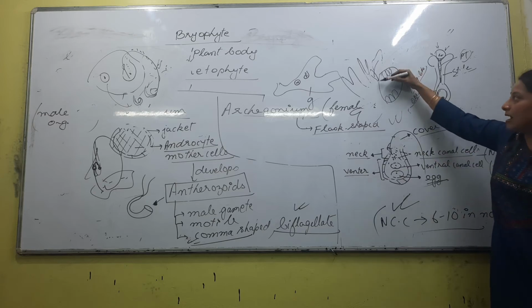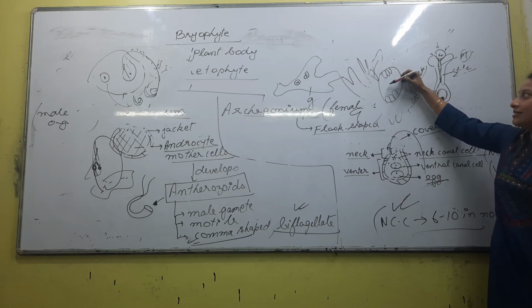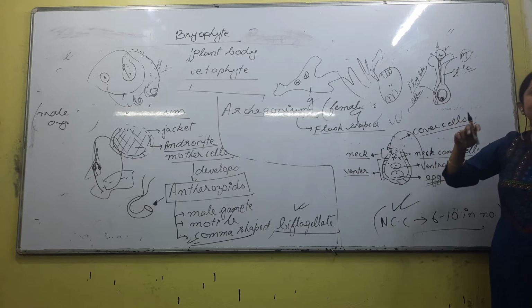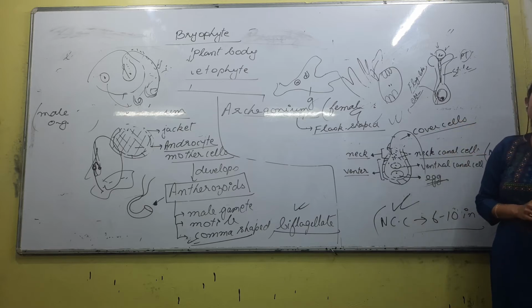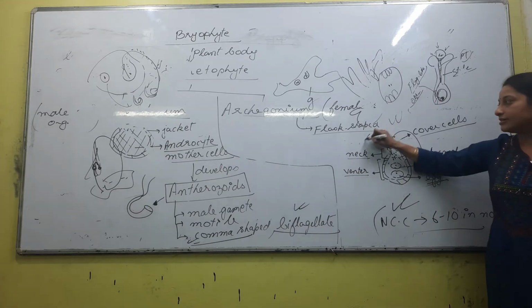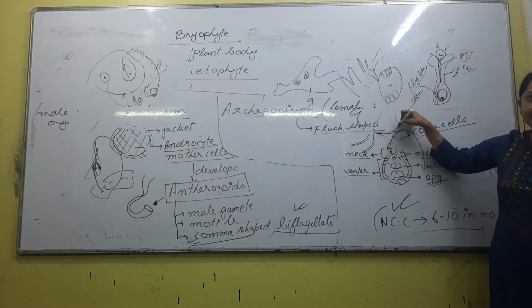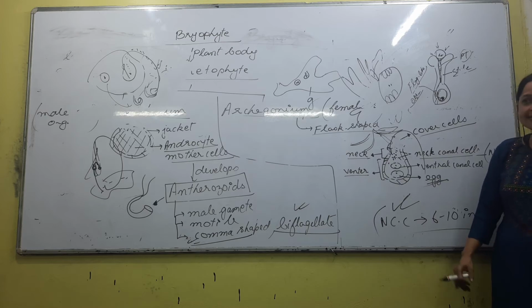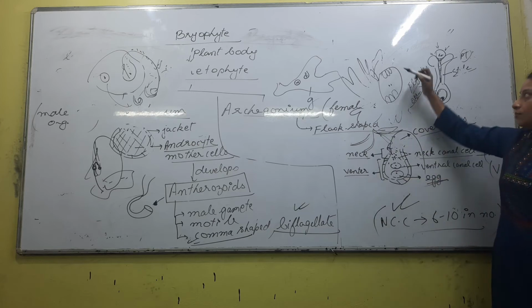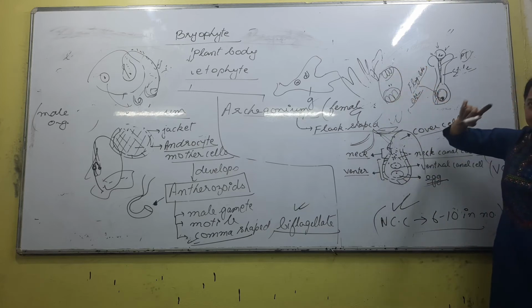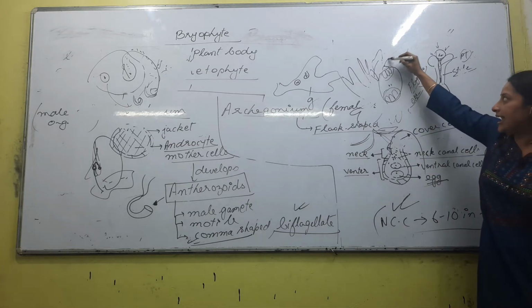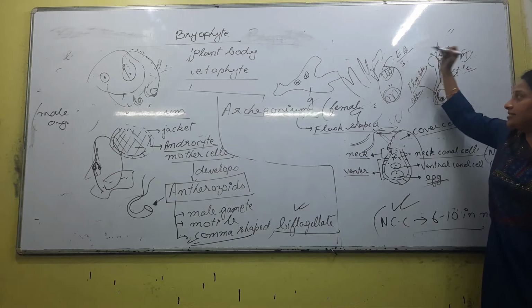Yes or no, it cannot just enter and be done. Which one is the egg? Here there are three cells, here there are three cells, here there are two nuclei. Where is the egg? Someone has to guide it, no? So this is the time when the filiform apparatus will help. Where was the filiform apparatus? Now, what are filiform apparatus? Certain thread-like structures are called filiform apparatus, right? Filiform apparatus are formed by something called synergids. What were they? Cells, obviously, it's a cell of which group, this group or this group? Egg apparatus and antipodal cells, egg apparatus. Because we know, if suppose this is the egg apparatus, it consists of how many cells? 3 cells.